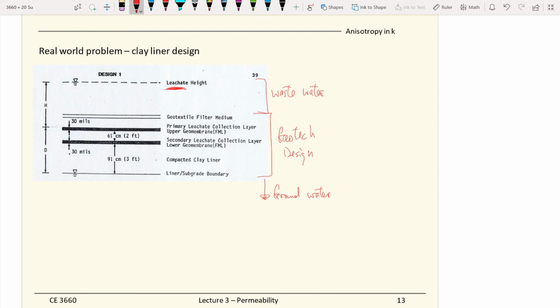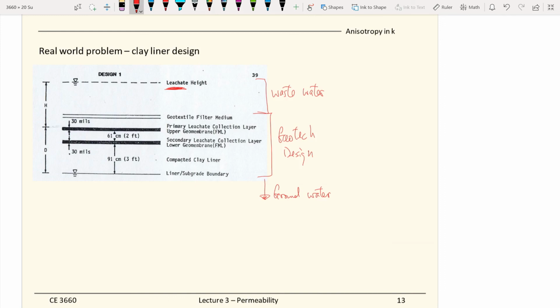So our geotech design is based on understanding soil behavior and hydraulic behavior. We want to find a combination of man-made materials and natural materials that can do the job, that slow down, or if not totally block out the water, at least slow down the seepage of the water.